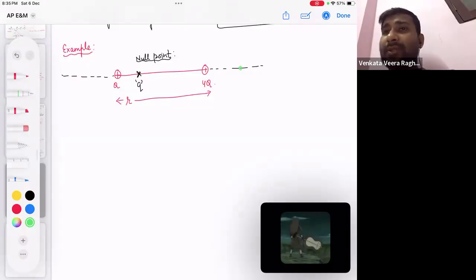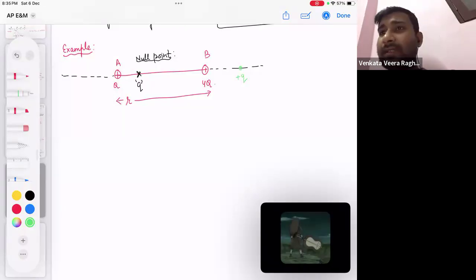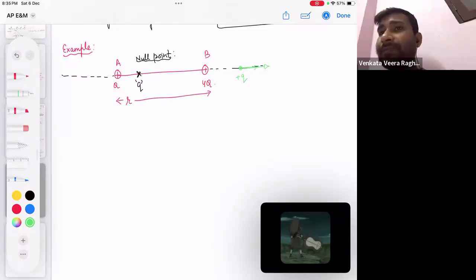Let's say I'm taking the positive charge particle here, a plus Q, I kept it here. Is it going to be repelled by the charge A? And is it going to be repelled by the charge B also?